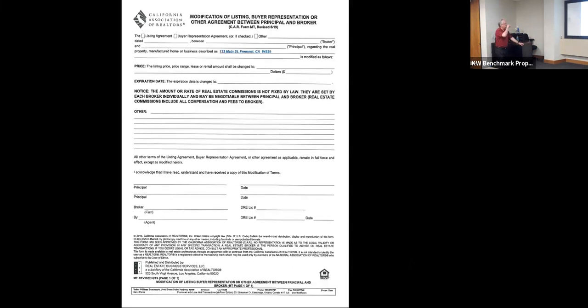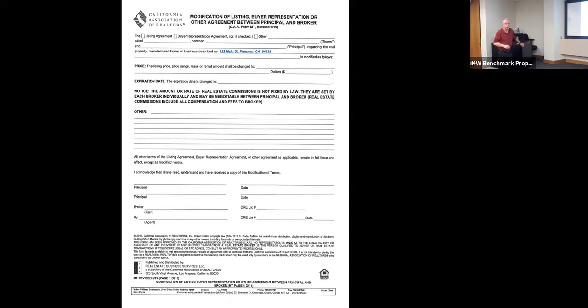Okay, modification of listing, buyer representation, or other agreement between principal and broker. This is a form where if you're going to modify the price of a listing, you're going to do a price adjustment. This is the form. If you're going to change the expiration date, the listing's getting ready to expire, and you're going to extend it for another 90 days or however long you're taking the listing, they're going to agree to extend it.